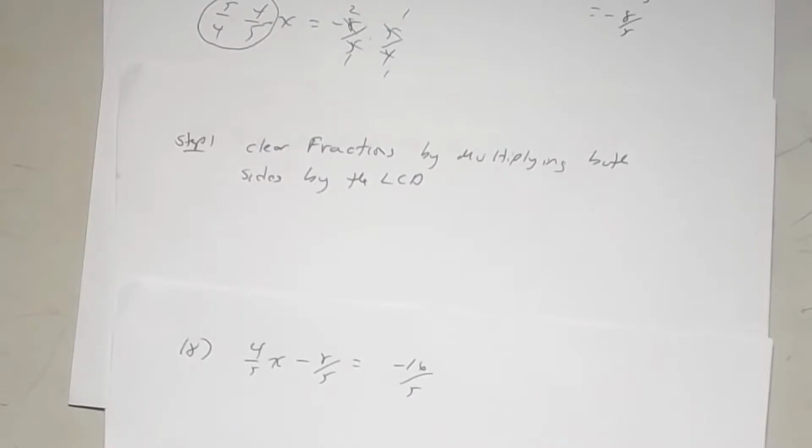You can see them because they all have denominators. In fact, there are 3 of them. So what is the smallest number that 5, 5, and 5 will go into? 5. That's the least common denominator. So the least common denominator is 5.